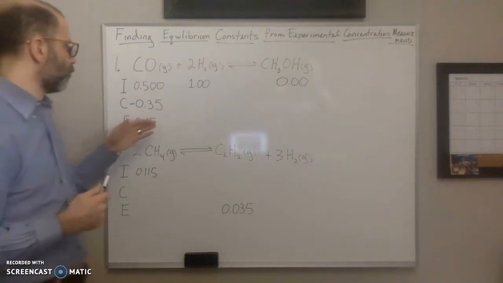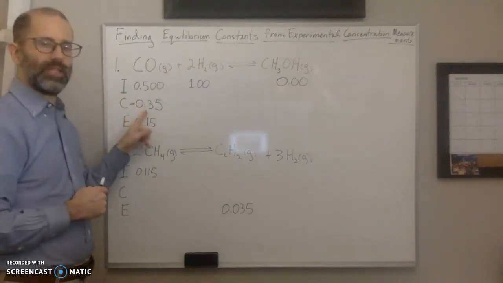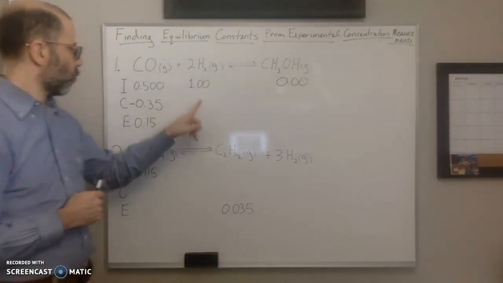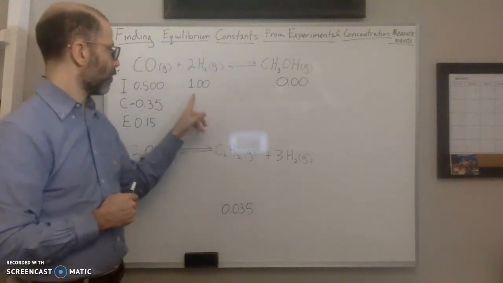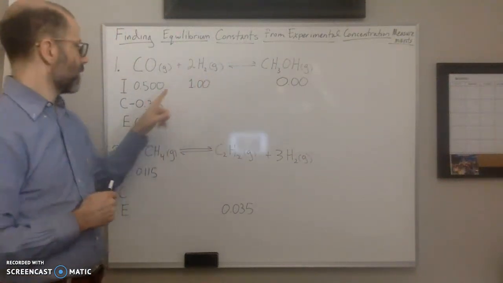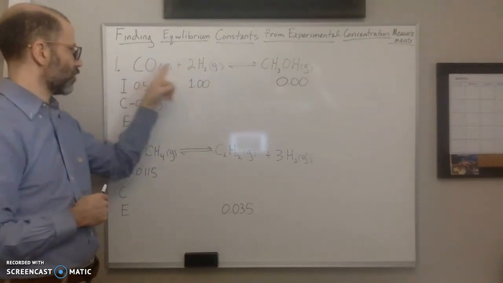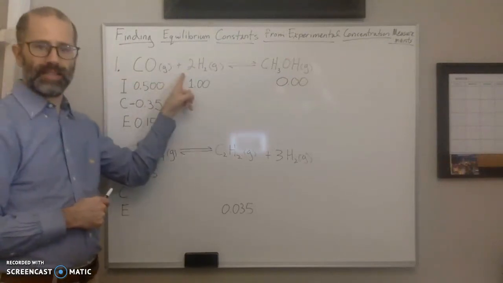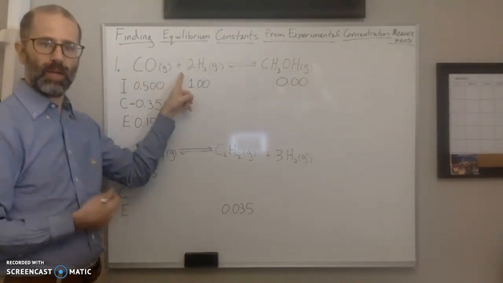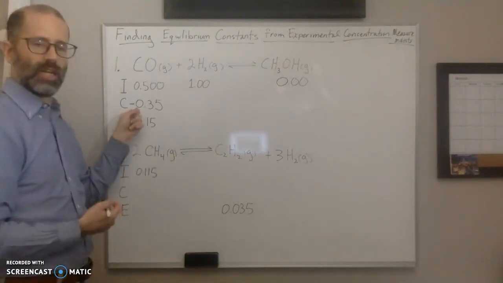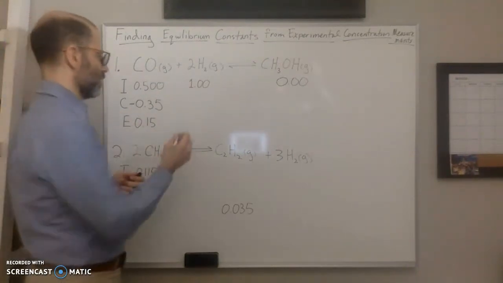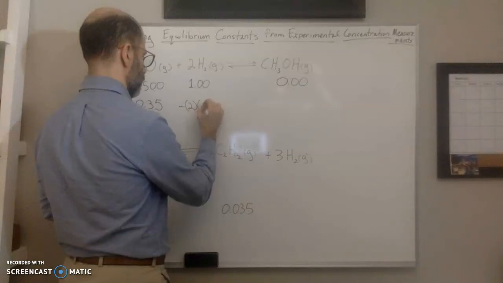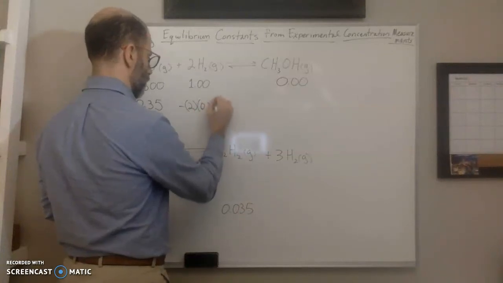Okay, so this is going to be helpful, because if I know the change in the carbon monoxide, then I can figure out what the change should be for these two based on stoichiometry. So since there's a 1-to-2 ratio between here, whatever I lose here, this is a reactant as well, so I'm going to lose here as well, but I'm going to lose double the amount. So here, instead of negative 0.35, it's going to be negative 2 times 0.35.